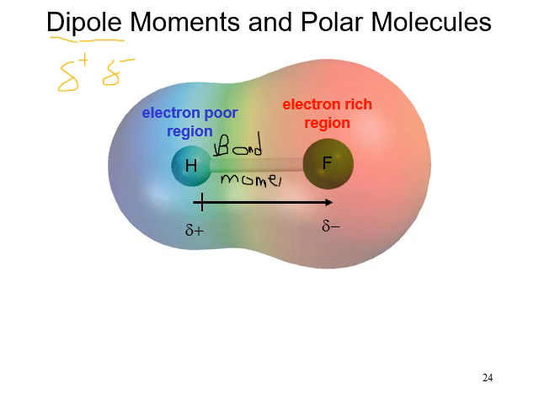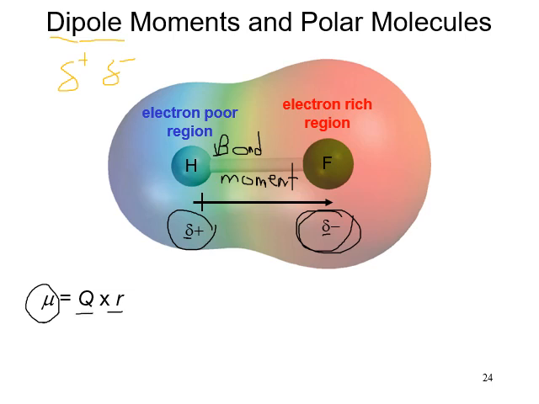So now we know that fluorine is more electronegative than hydrogen, so it's going to draw the electrons in the covalent bond towards itself, and that makes this end of the molecule partial negative and this end partial positive. A dipole moment is given this little symbol mu, and this is Q times R, where Q is the difference in charge, and R is the distance between them.